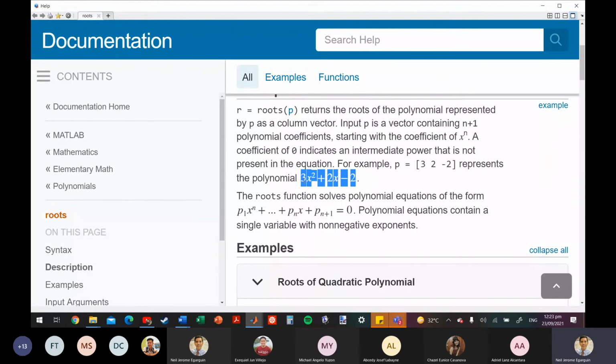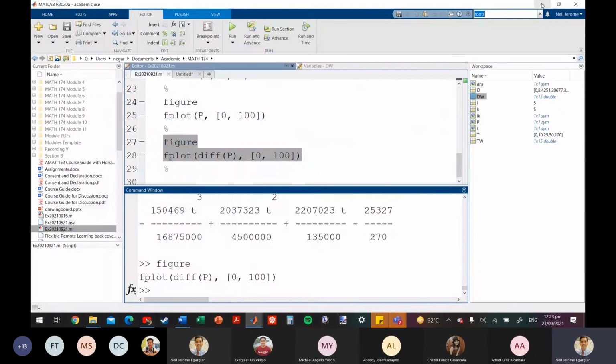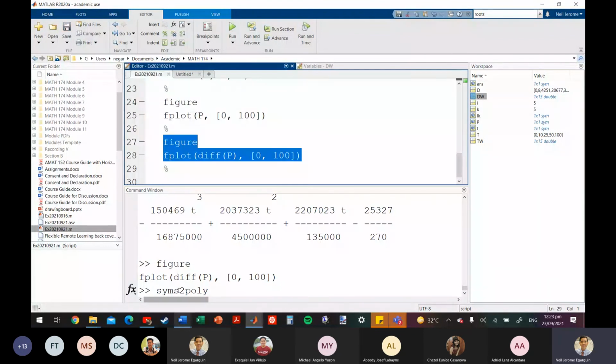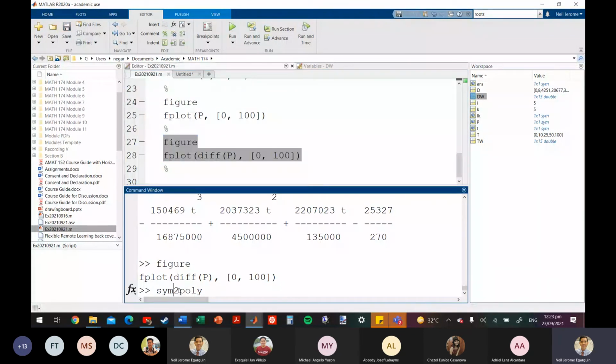Pero luckily, meron ding built-in function si MATLAB para i-harvest ano yung coefficients ng isang polynomial. So ang syntax ay sym2poly. Double check ko lang. Hindi ko kasi siya laging ginagamit. May kodigo ako dito. Yeah. Sym2poly lang pala. So, ang input niya ay isang symbolic function. In our case, we want to get the zeros of the derivative, right?